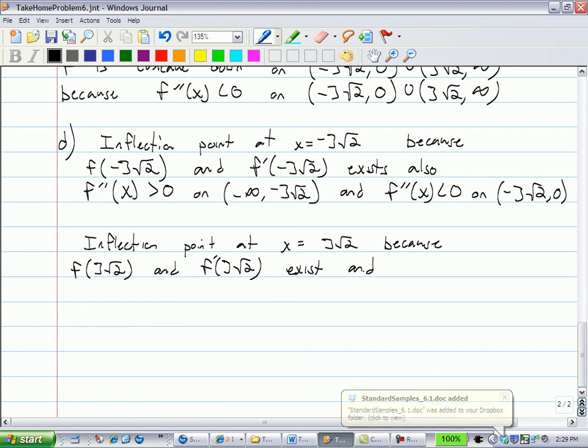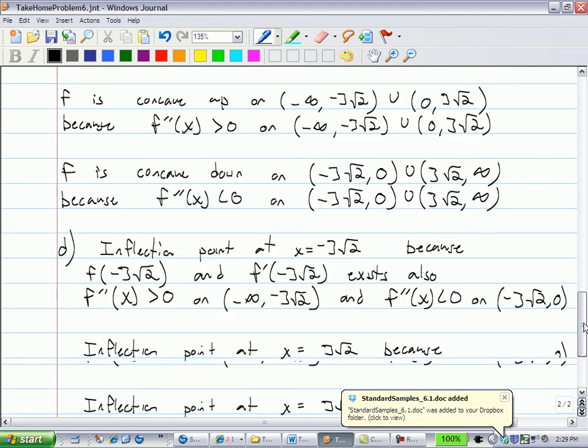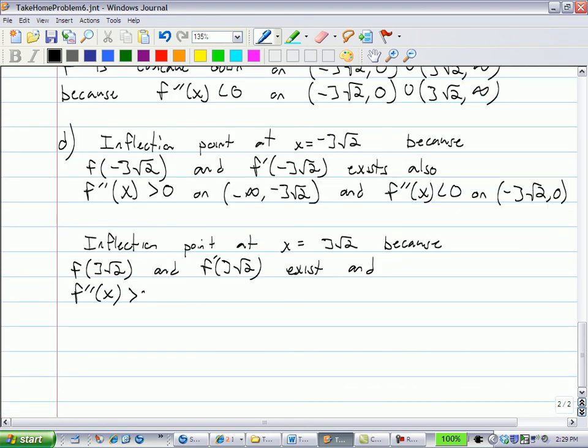Now we're going to show that the second derivative does cross the x-axis by showing to one side it's less than 0 and one side it's positive. So f double prime of x is greater than 0 on 0 to 3 root 2, and f double prime of x is less than 0 on 3 root 2 to infinity.